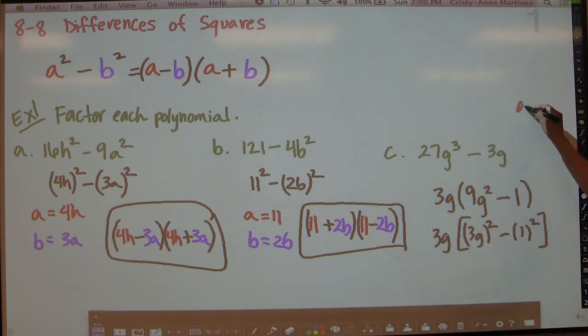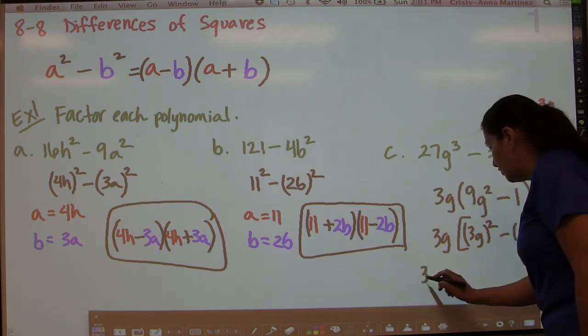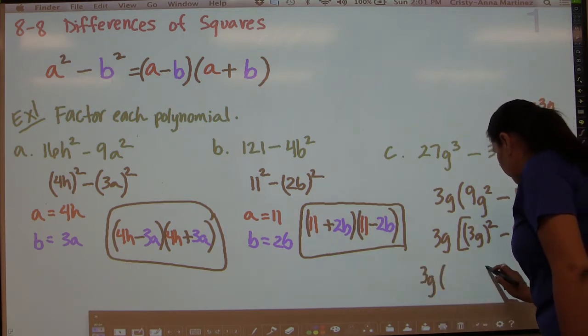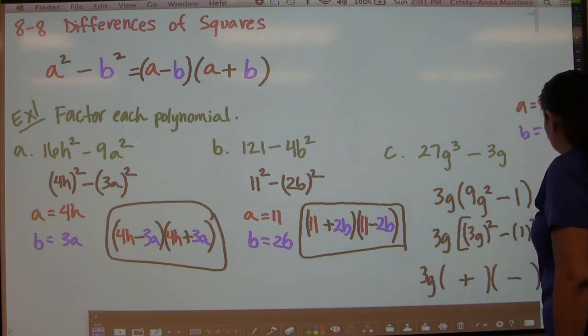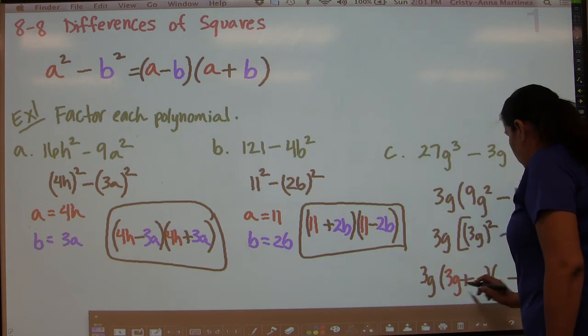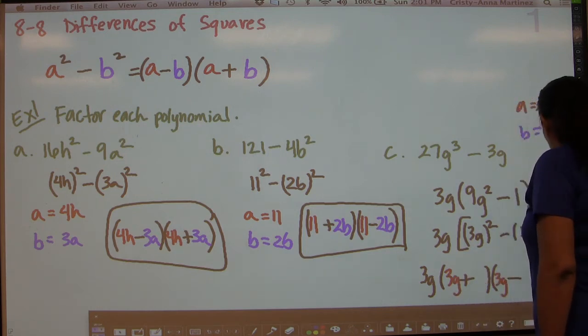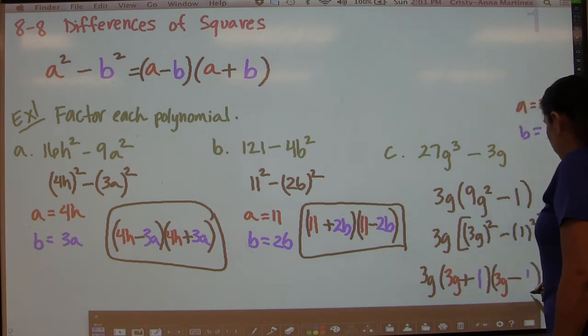We know that A is going to equal 3g, and that B is going to equal 1. So to write our final answer, we're going to have the 3g, we'll have a plus and a minus. We have 3g plus 1 and 3g minus 1.